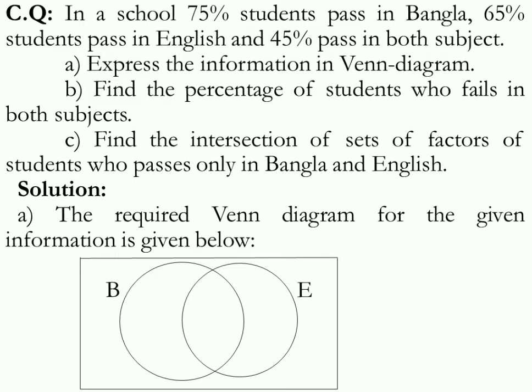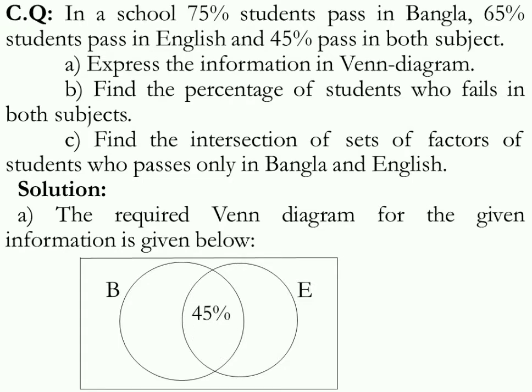These two circles actually express the percentage of students who pass in Bangla and English. Now at first we have to put the common portion, that means the percent of students who passed in both subjects. That percentage should be expressed in the common portion of both circles, that is here 45%.